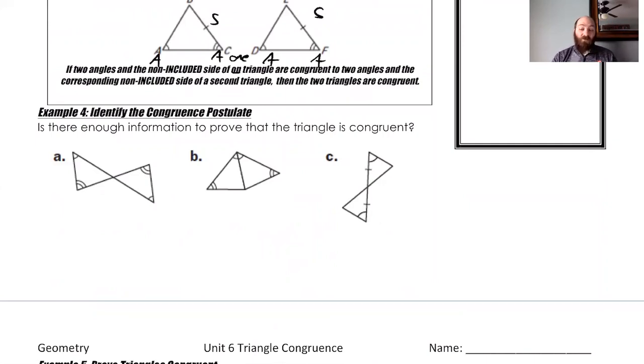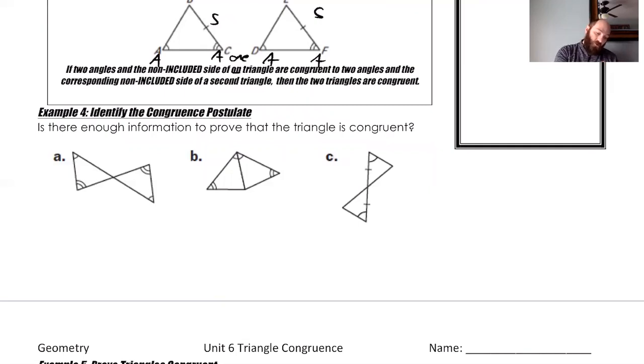So for example, these right here, is there enough information to prove that the triangles are congruent? Example 4a is very good because it helps us with a key piece of information. I don't have any side length information here. Nothing here is congruent on the sides. I cannot prove congruency unless I have at least one pair of sides.